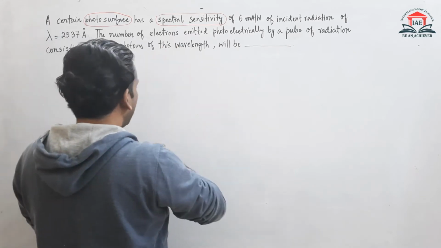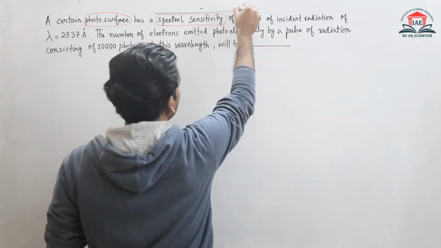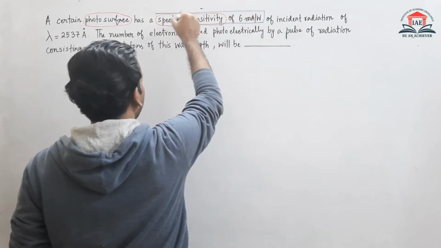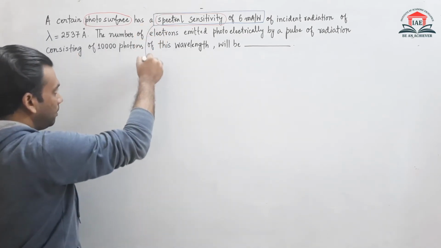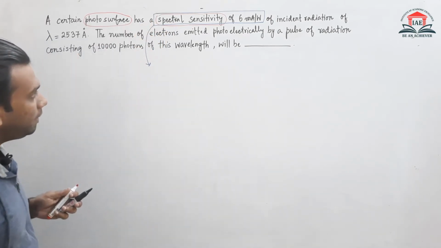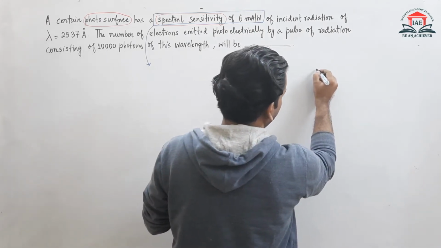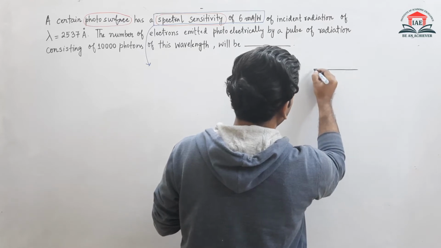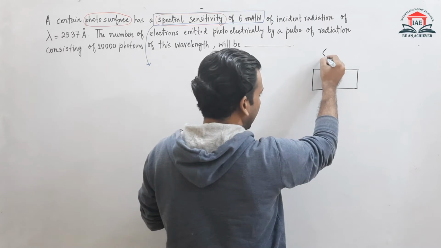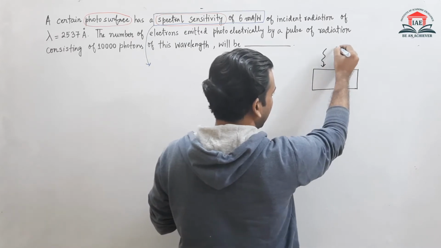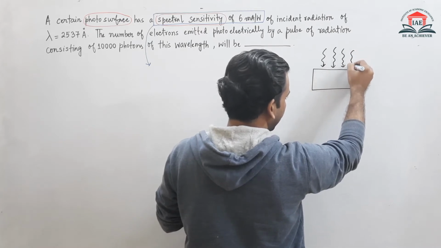So now we want to understand the meaning of this term. First, you have to understand the meaning of this term. Suppose we have a photo surface, and light, or a wavelength of light, is incident on this surface like this.